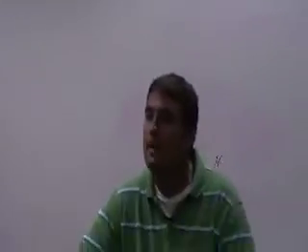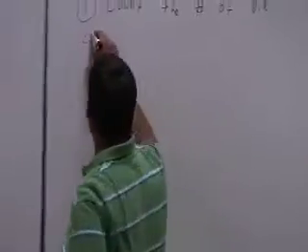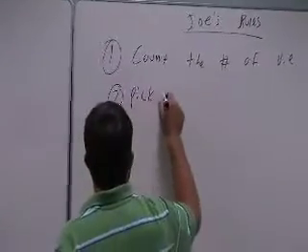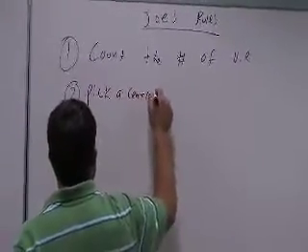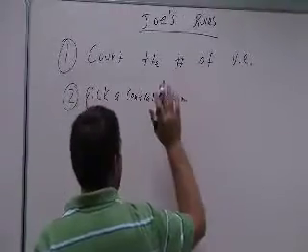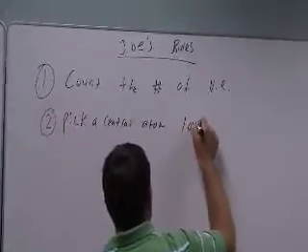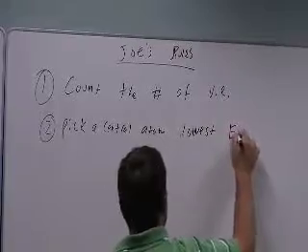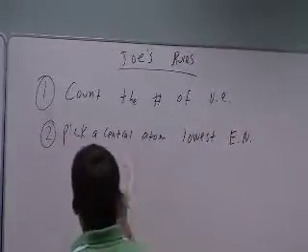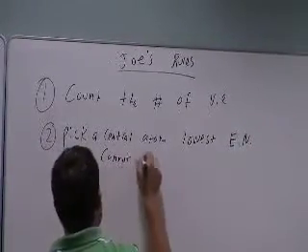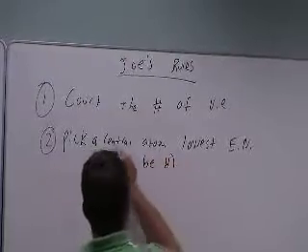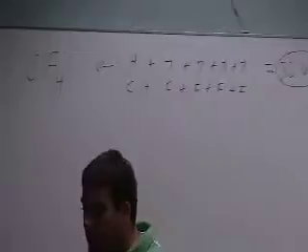Step 2 is you're going to pick a central atom. That is always the lowest electronegative atom, and it cannot be hydrogen. Hydrogen cannot go in the middle of a compound.